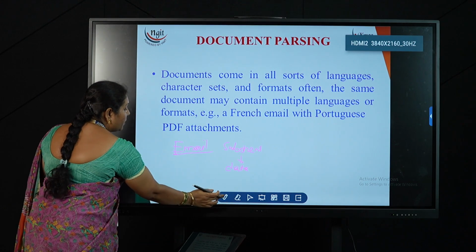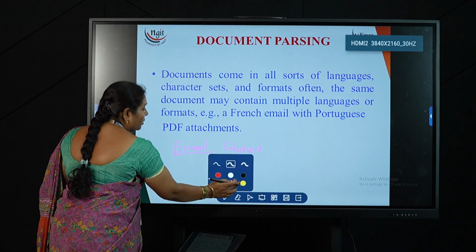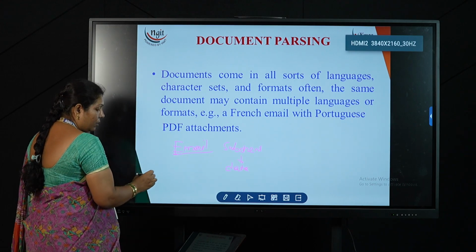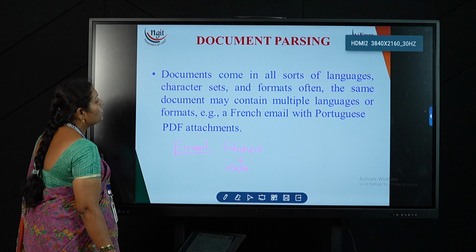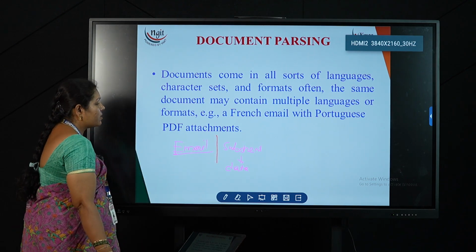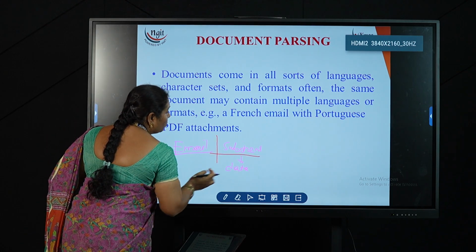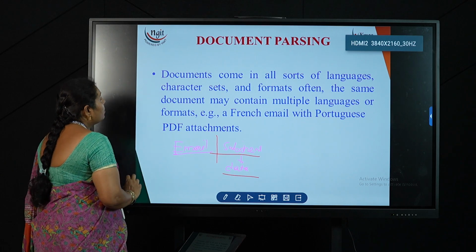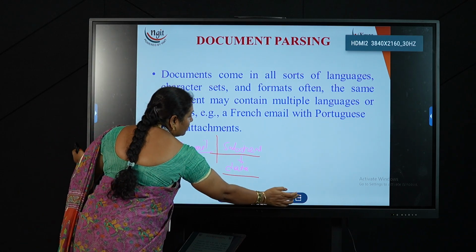So this particular document will be based on email documentation. Whatever emails you are using, you can divide into two parts: one is your subject, what you are mentioning as the subject, and the other is your data. This can be done in the parsing part.